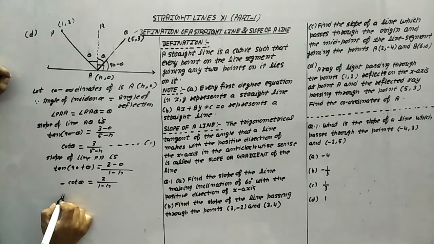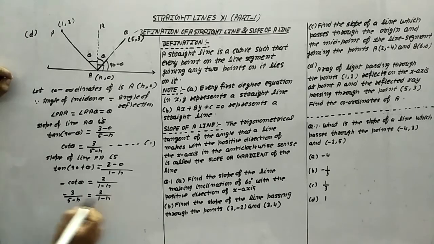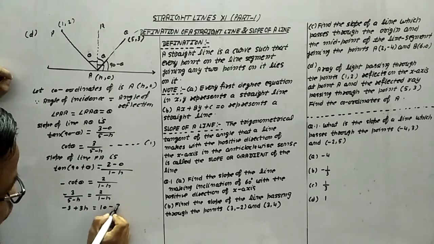Substitute the value of cot theta. It means -3/(5 - h) = 2/(1 - h). Cross multiplication: -3 + 3h = 10 - 2h.